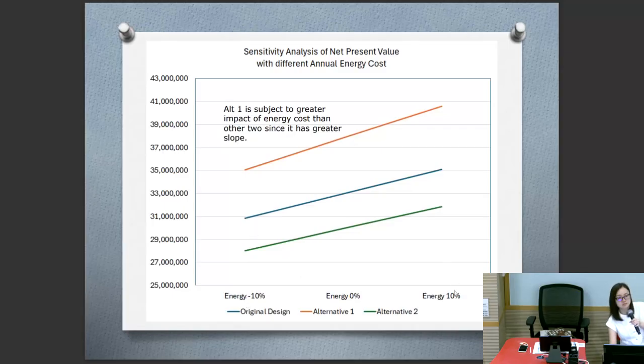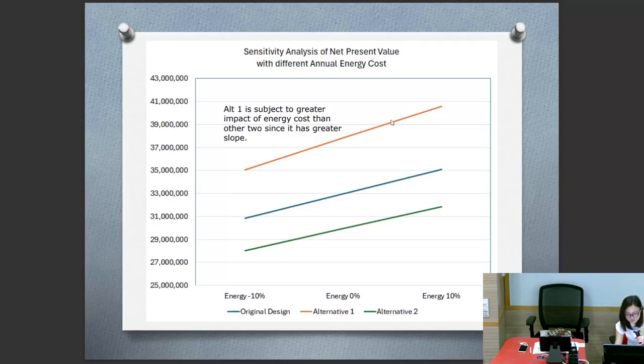And similarly, if the energy cost is 10% higher, then we have these life cycle costs.